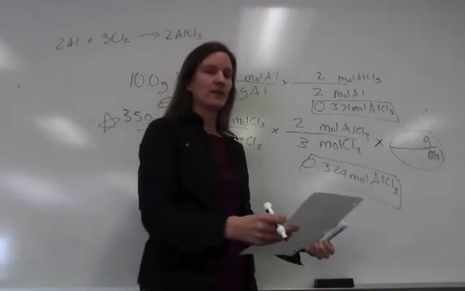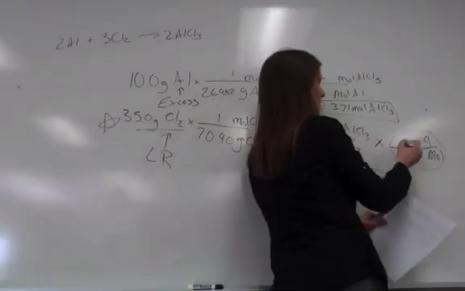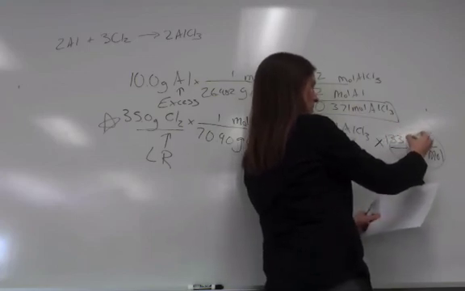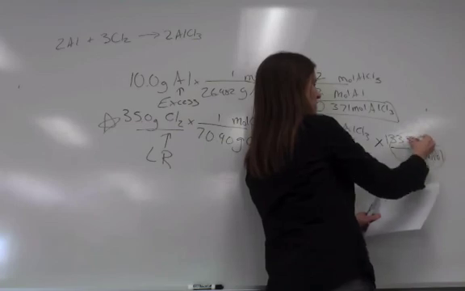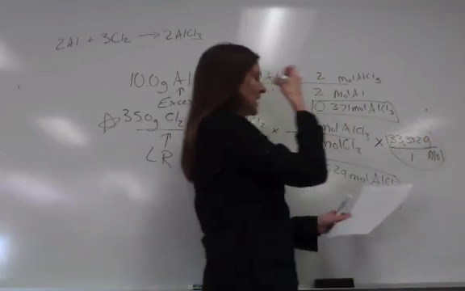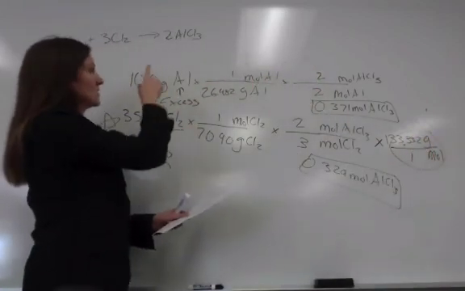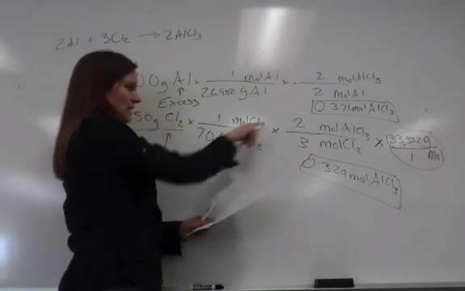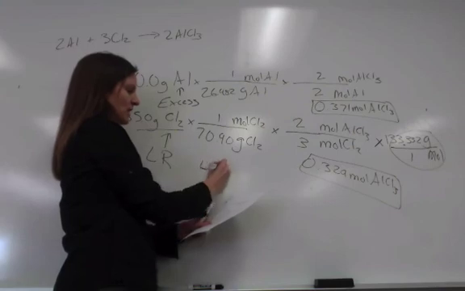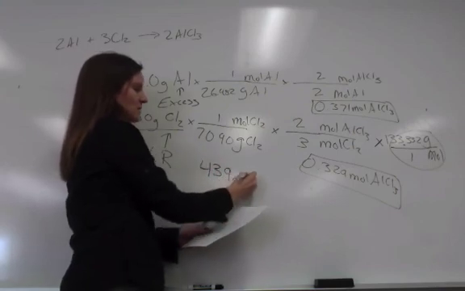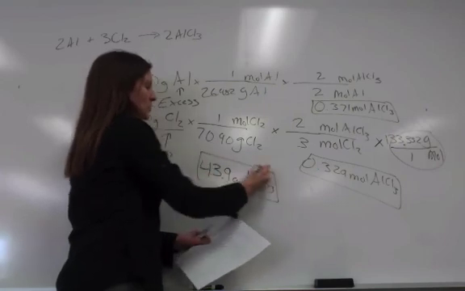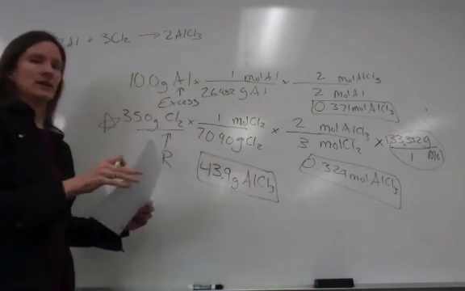Going back to the board then, the final step would be to use the molar mass of aluminum chloride, which is 133.332 per mole, to get you to a gram amount of aluminum chloride produced by this chlorine. And if you plug this into your calculator, you should get a final answer of 43.9 grams of aluminum chloride being produced by the 35 grams of chlorine.